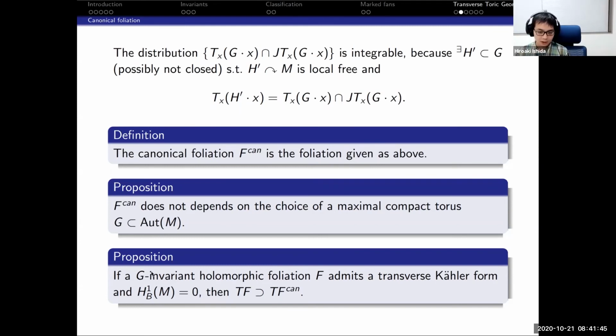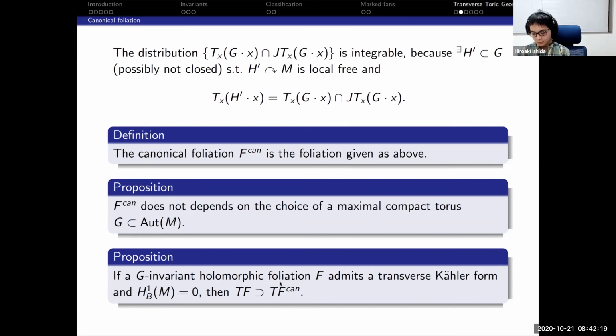So if a G invariant holomorphic foliation F on a complex manifold admits a transverse scalar form and the first basic cohomology group vanishes, then the subbundle corresponding to the foliation should contain the subbundle corresponding to the canonical foliation.